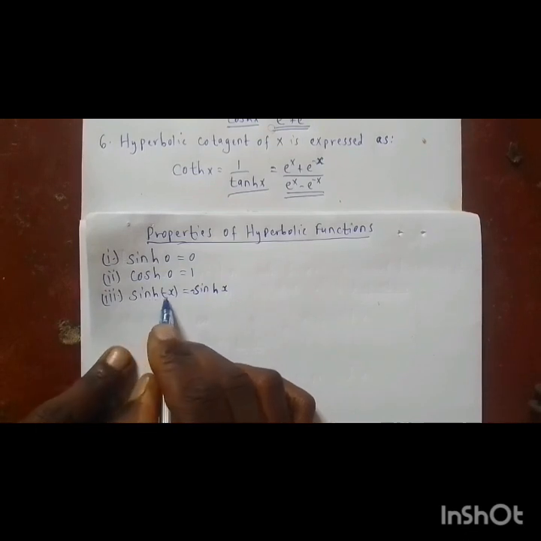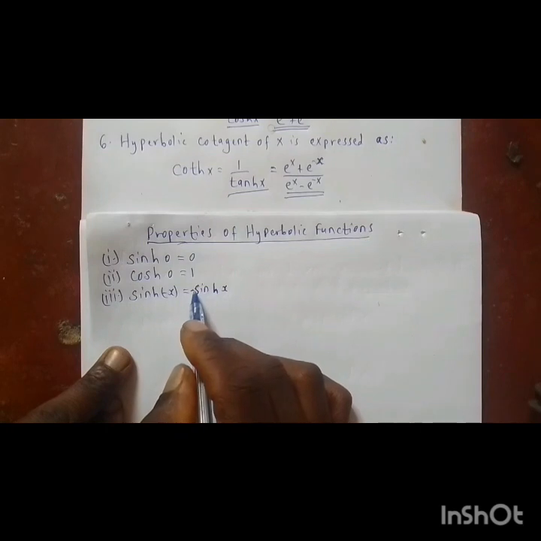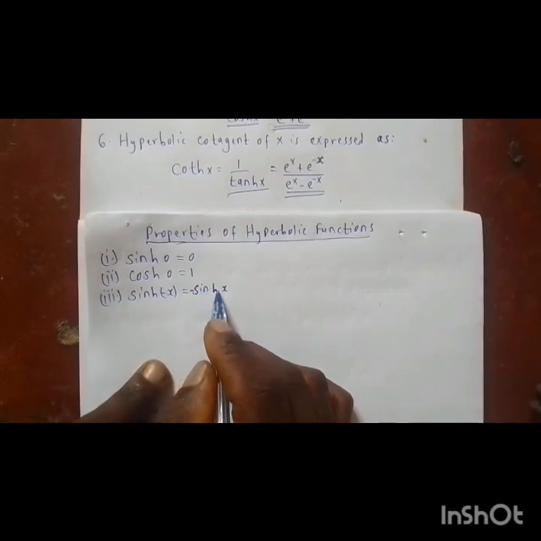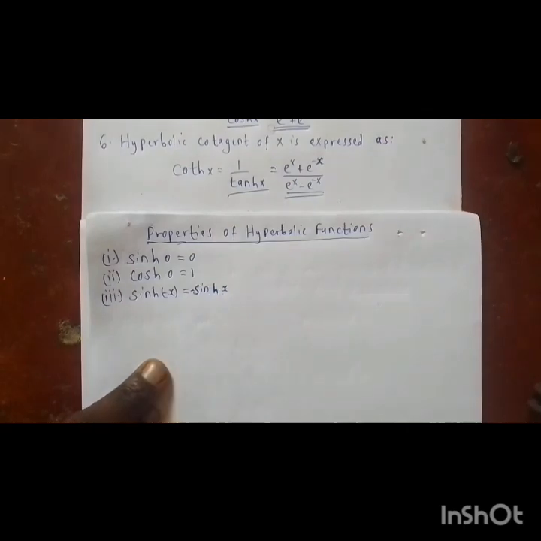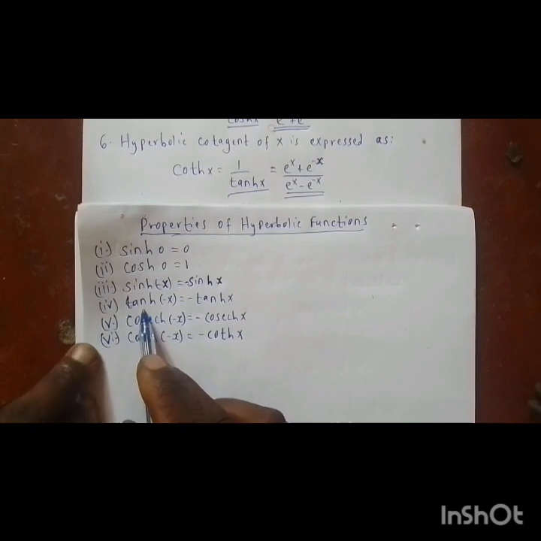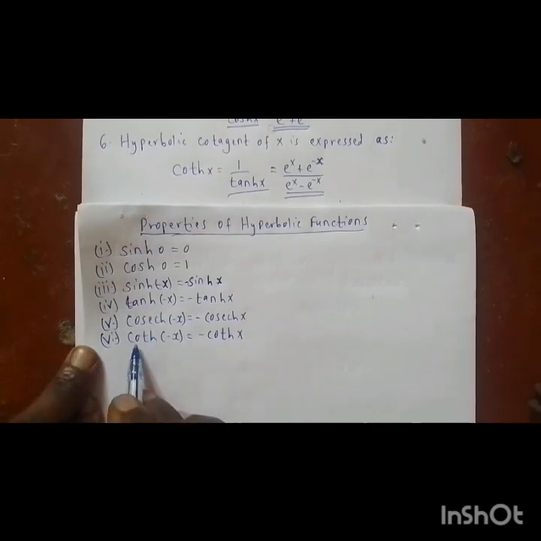Hyperbolic sine of negative x equals the negative hyperbolic sine of x. That is the same case for hyperbolic tangent, hyperbolic cosecant, and hyperbolic cotangent.